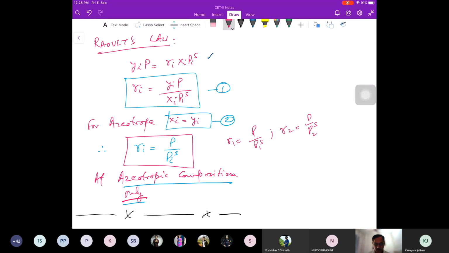From theory itself it is coming, it's not simplification or assumption or anything like that. So if you know the vapor pressure, we can calculate vapor pressure from Antoine equation. And if you know the system pressure, we can calculate activity coefficient for each component in the system. And then we can do VLE calculations using this equation.